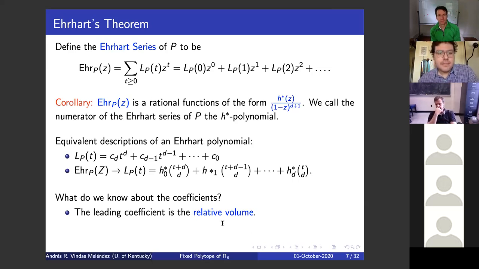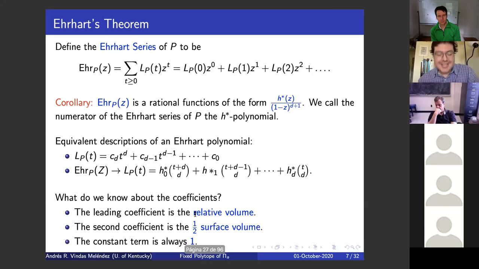But I write relative volume because you can have, for example, a two-dimensional polytope living in 3-space. Then we know the second coefficient is half of the surface volume. And the constant term is always 1. So if you see a polynomial whose constant term is not 1, we can automatically discard it as not an Ehrhart polynomial, okay?